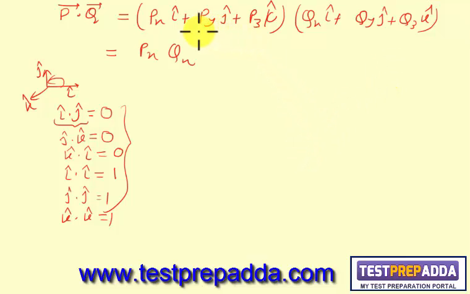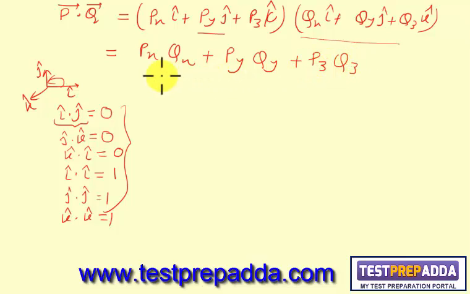Same, when we multiply the second term with all three, I will get only Py Qy. Why? Because j cap, when multiplied with j cap, then and only then I am getting some answer, 1. Otherwise, it will become 0. Similarly, the third, Pz Qz. So, this is the dot product.